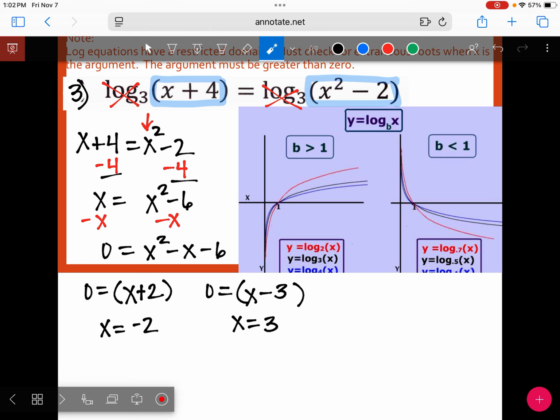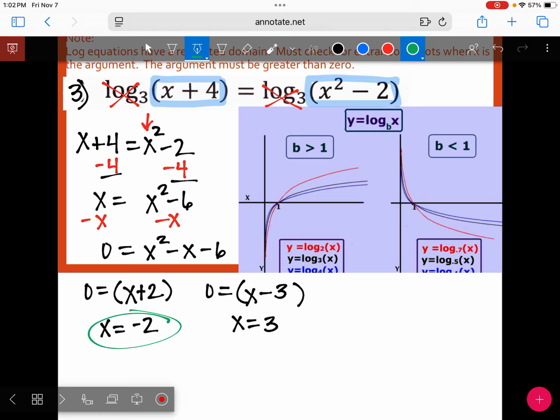So if you take -2 and you put it here, is that going to be positive or negative? All right, what about if I put it over here? Positive. So that means because both arguments stay positive, x equals -2 is an actual answer. All right, what about 3?